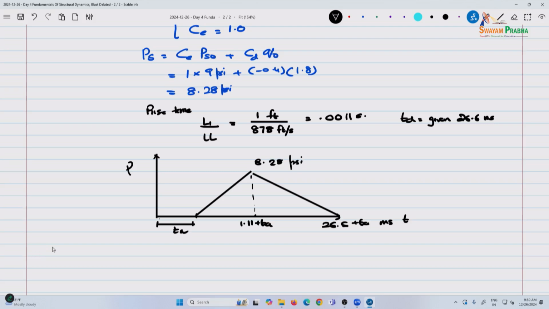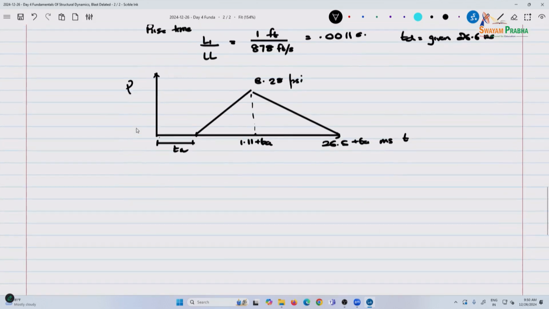The rear wall also is pretty much the same, but with slight differences. The overall pressure still remains the same, the back wall or the rear wall. So drag coefficient again is minus 0.4.